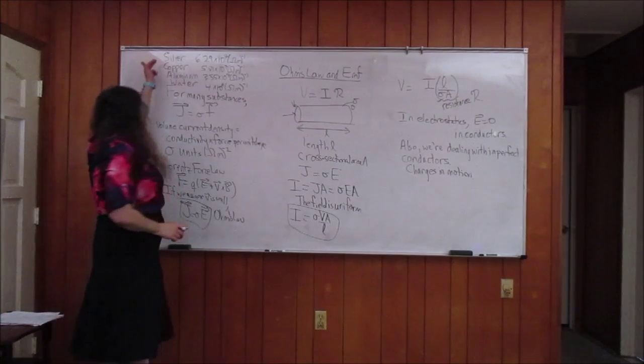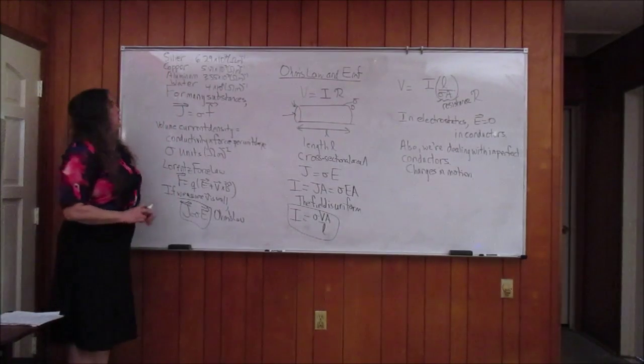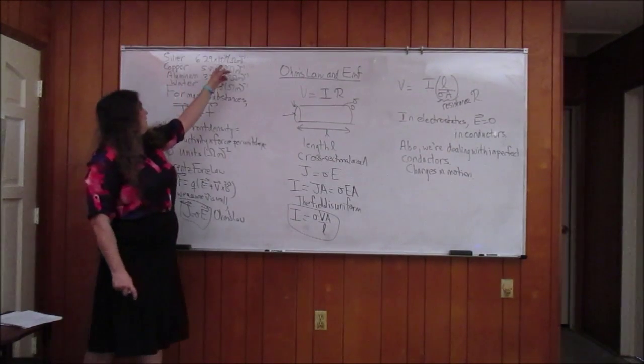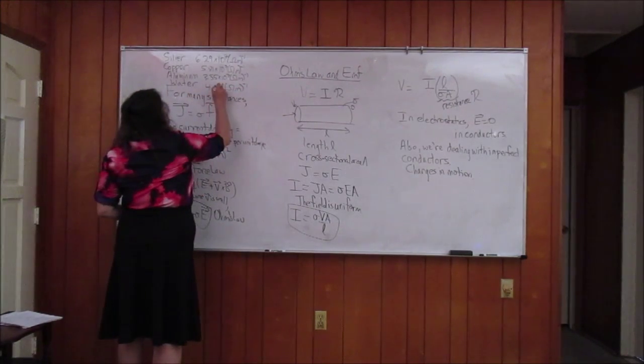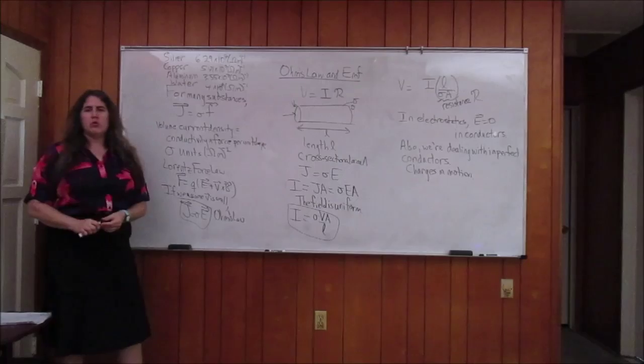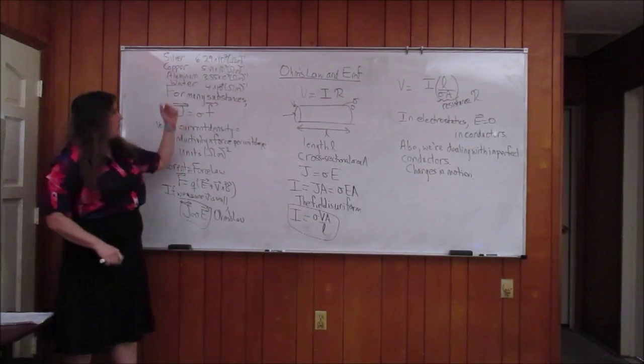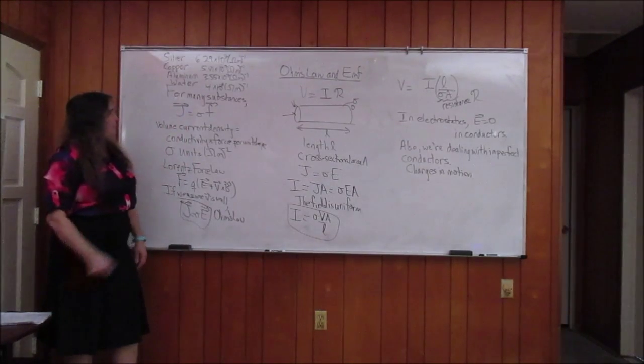For conductors such as silver, copper, and aluminum, they're all in the order of 10 to the 7th. And for water, that's on the order of 10 to the -6, which is an insulator.